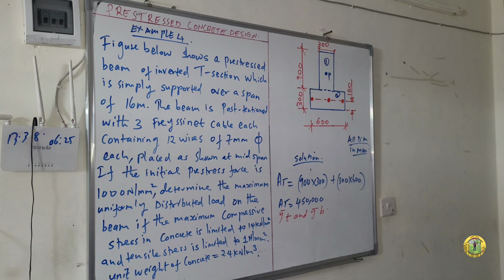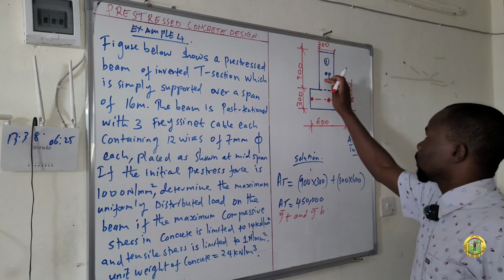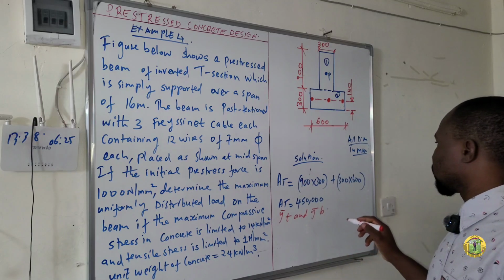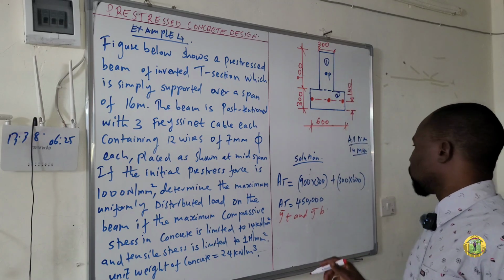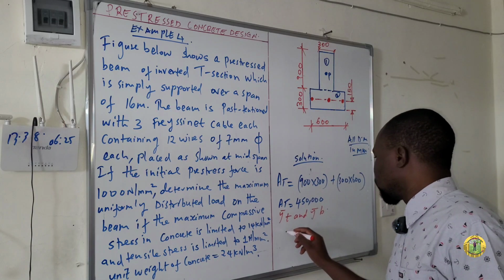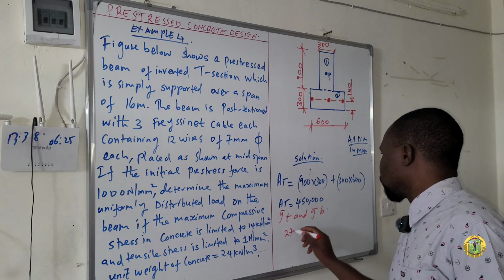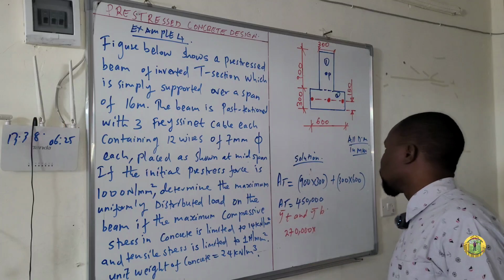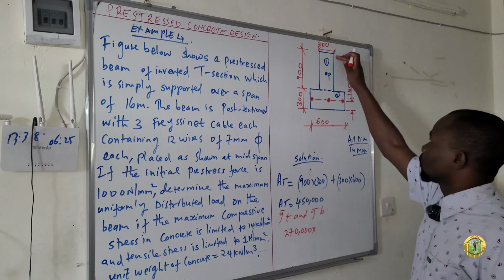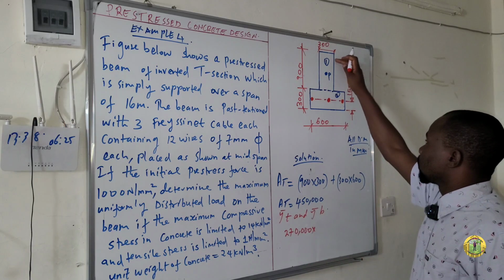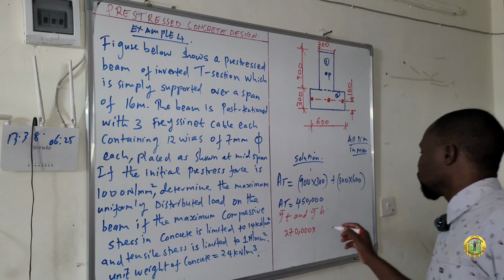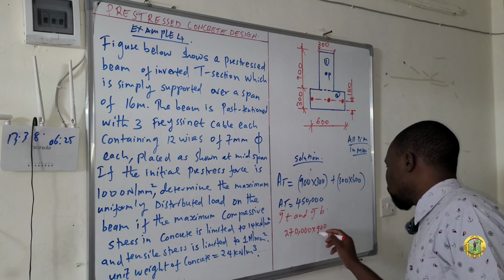I want to start from the top and proceed to the bottom. The area of figure number 1 is 900 times 300, which is 270,000, times half of the depth of figure number 1, which is 900 over 2.